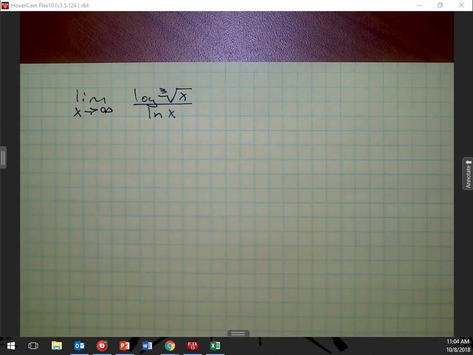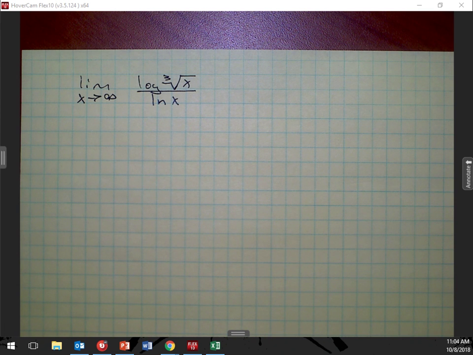Now, what's the base of log? 10, right? That's very important. The base of log is 10. So if it doesn't have a number there, it means that it's going to be 10.